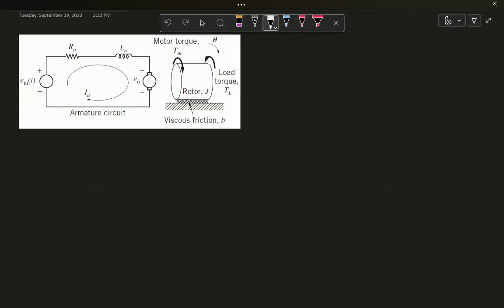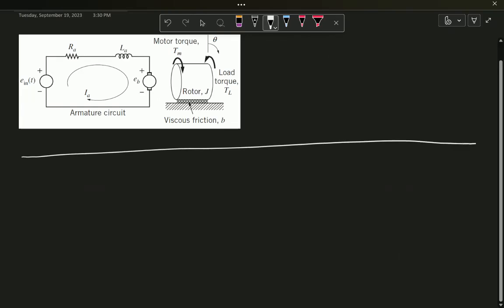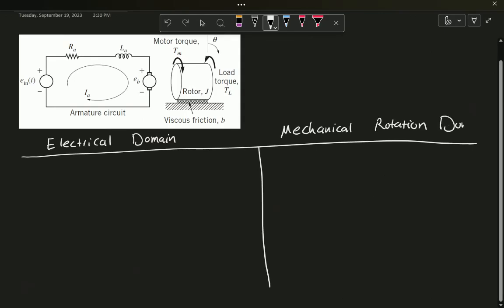So what I would do is divide my page into two parts. I'll call the first one electrical, and the second one the mechanical rotation. Then I would follow my four-step approach for each of these domains separately.